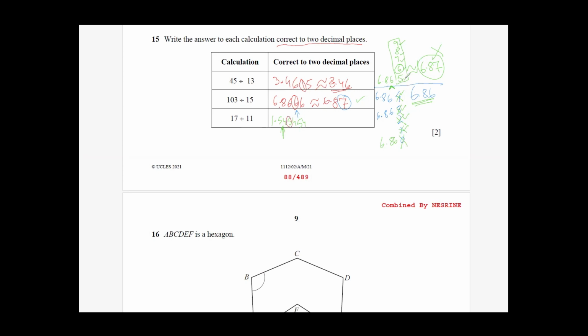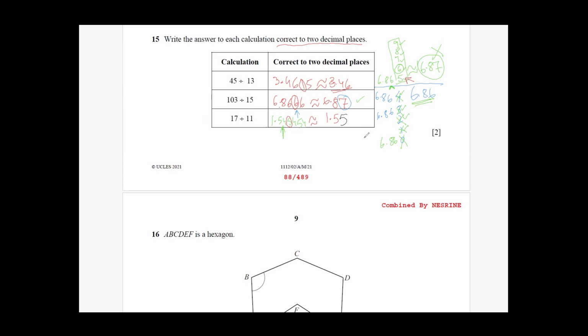As I explained, that means this is going to be rounded up: the 1.5, and then this 4 is going to be increased by 1. This is going to be 1.55. So this is going to be 1.55.